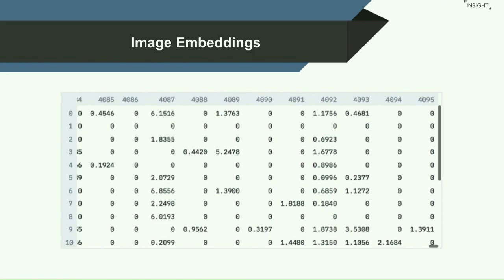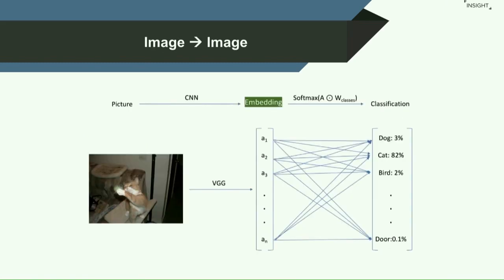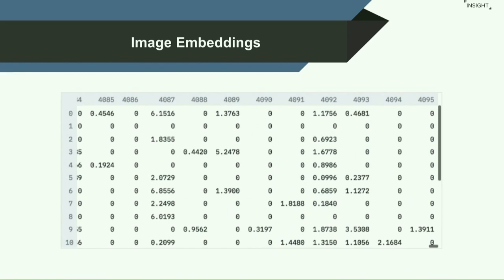And the reason the vector is sparse is that we have taken the values after the activation function, which zeroes out the negatives. So as you can see here, we have the different embedding dimensions going across the top, all 4096 of them, and then for each image going down 0 through 10 and beyond, we can actually go to 1000. We're able to do that calculation.